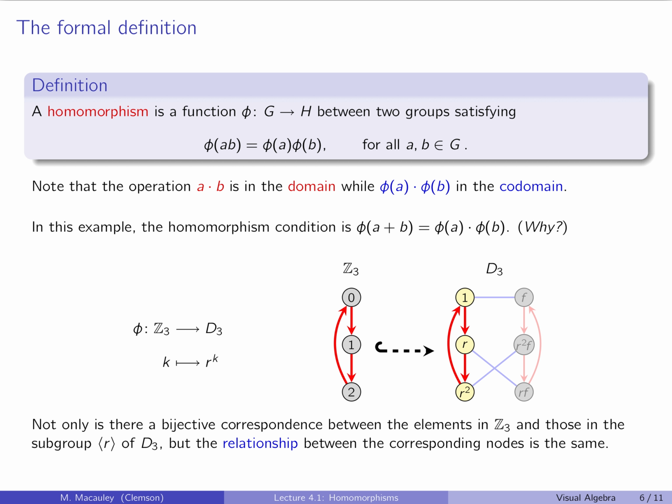Not only is there a bijective correspondence between the elements in Z3 and those in the subgroup generated by r in D3, but the relationship between the corresponding nodes is the same. And that's what I want to convince you of in the next few slides.